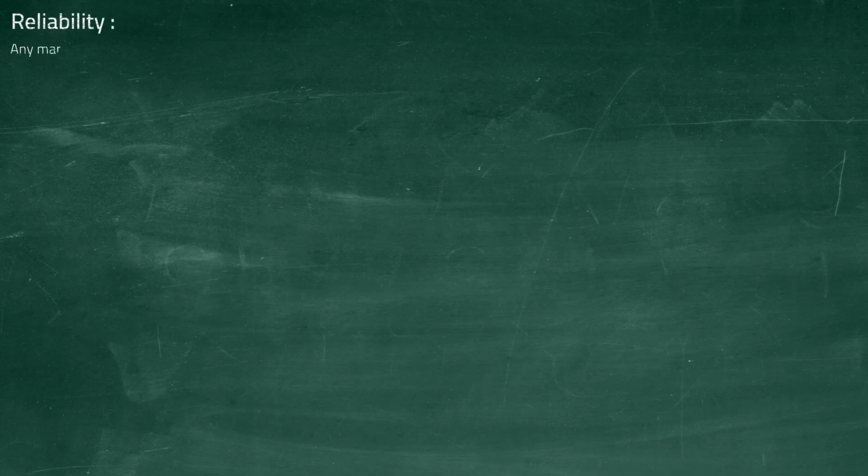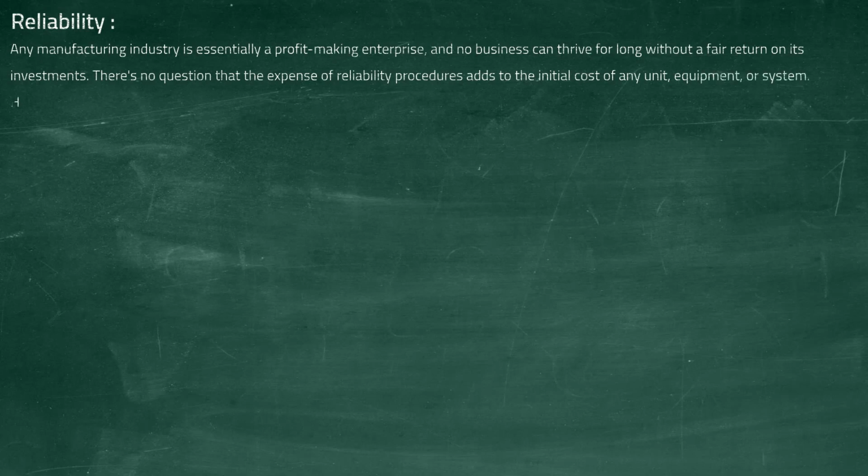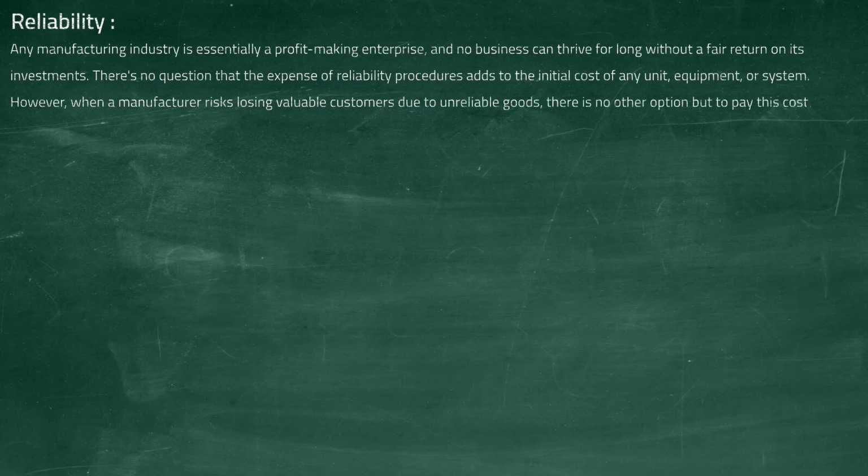Reliability. Any manufacturing industry is essentially a profit-making enterprise, and no business can thrive for long without a fair return on its investments. There's no question that the expense of reliability procedures adds to the initial cost of any unit, equipment, or system. However, when a manufacturer risks losing valuable customers due to unreliable goods, there is no other option but to pay this cost.